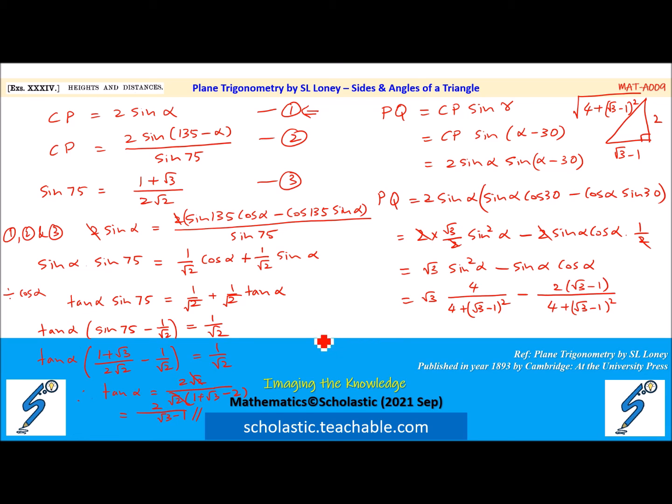So if you simplify the denominator, 4 plus 3 minus 2 root 3 plus 1 is the denominator. Numerator is 4 root 3 minus 2 root 3 plus 2.